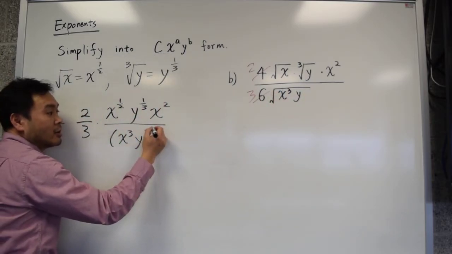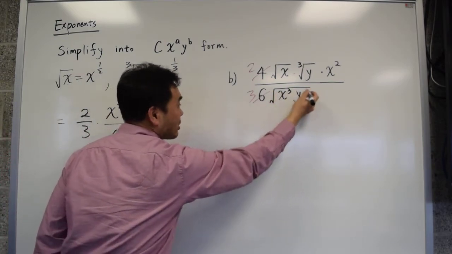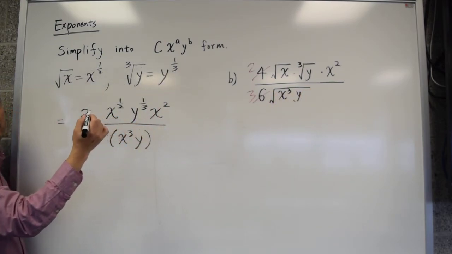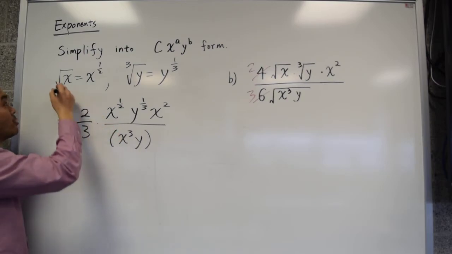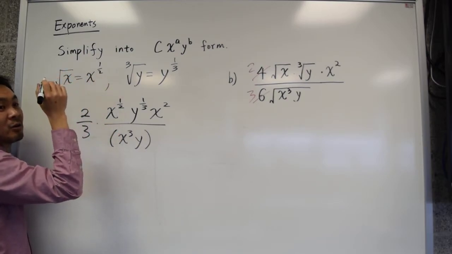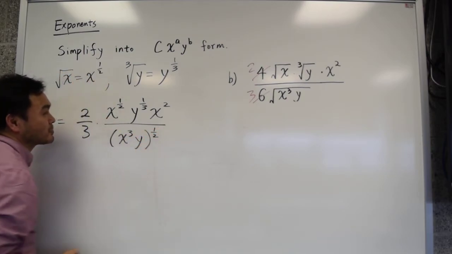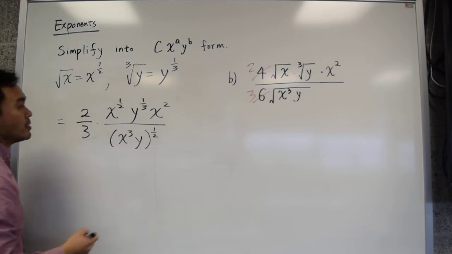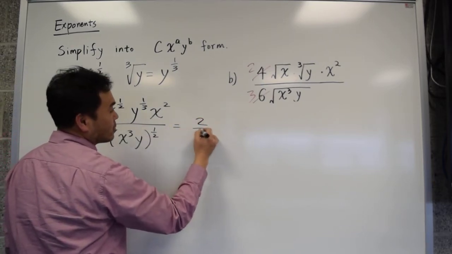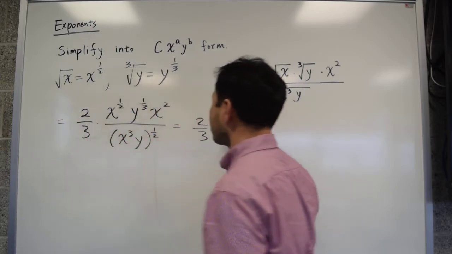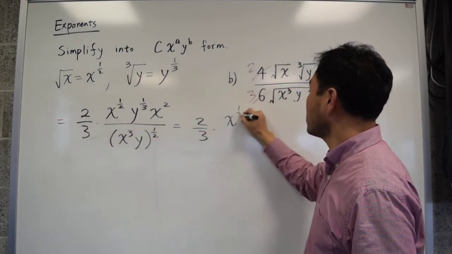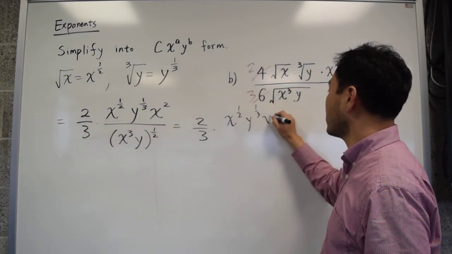Square root is replaced by 1/2 power. Yes. Okay. So that is 2/3 times x to the 1/2 y to the 1/3 x squared.